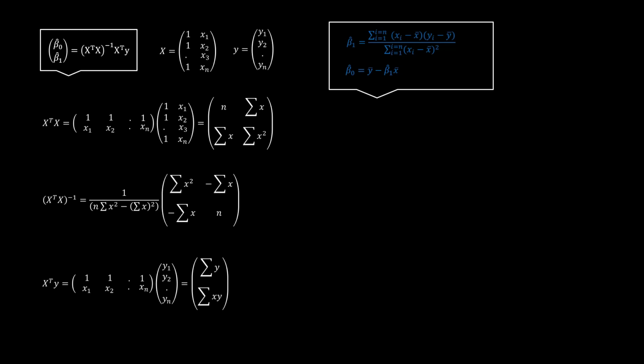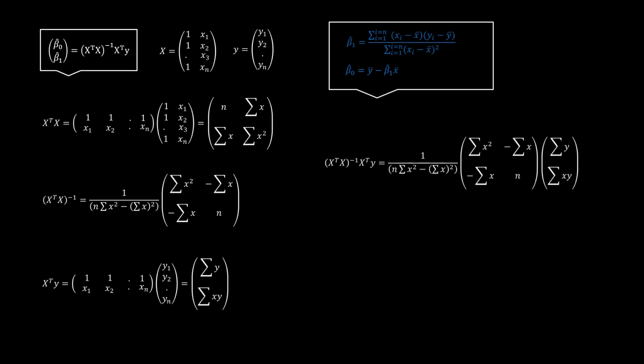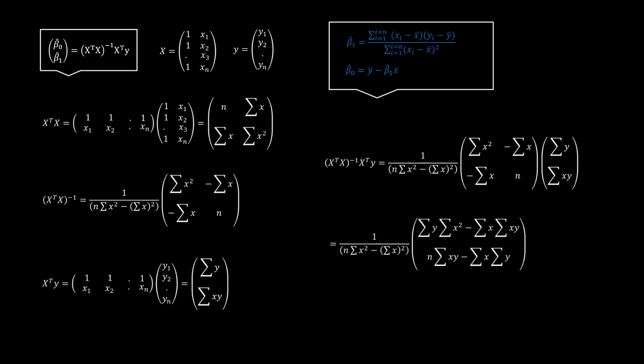So we put everything into the main formula, which is x transpose x inverse x transpose y, and we get this expression. Note that this formula returns the beta hat vector, so we have to extract the individual estimates from this vector. There is one tiny elimination step left to do, which will exactly match the formula on top and at the bottom. So I will leave that as an exercise for you.